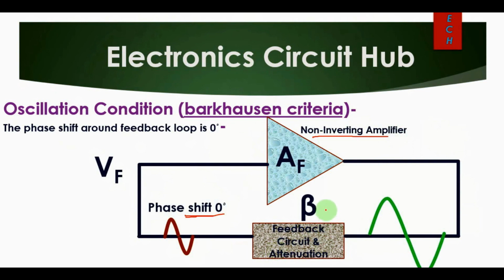It is attenuated by some factor beta, so you will get this here. But you can see the output of this amplifier is in the same phase as the output of this feedback circuit. So both signals are in the same phase. So this is the first principle of the Barkhausen criteria, that the phase shift around the feedback loop is 0.